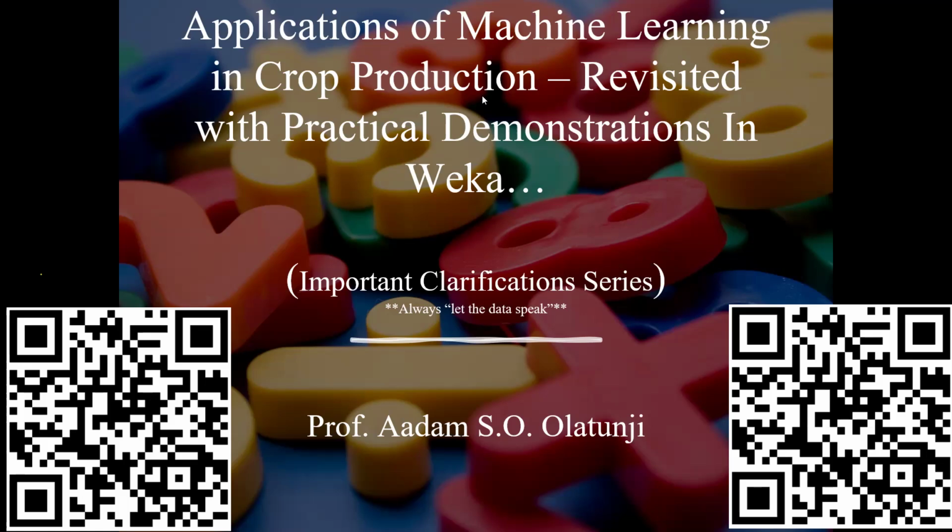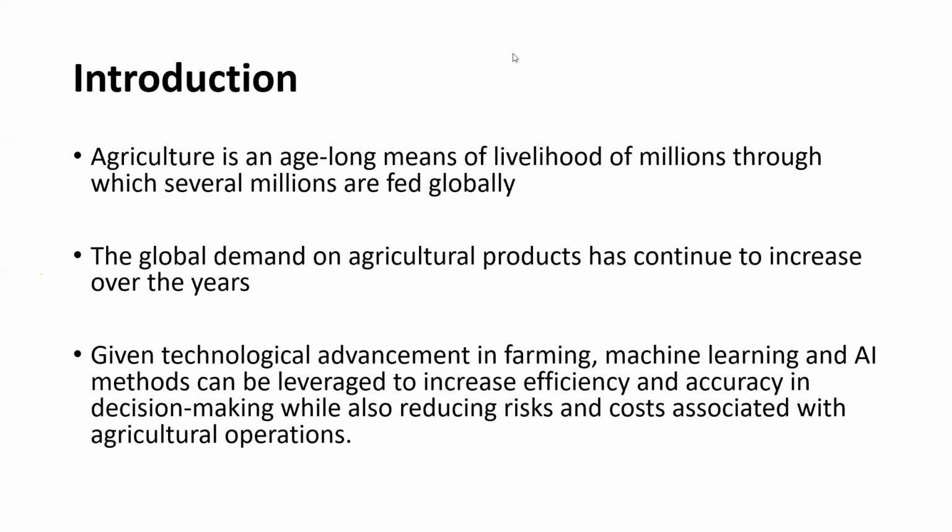Now, today we are going to move into the presentation proper, that's the application of machine learning in crop production, revisited with practical demonstrations in Weka. As you know, agriculture is an age-long means of livelihood of millions or billions, through which several people are fed globally on a daily basis.